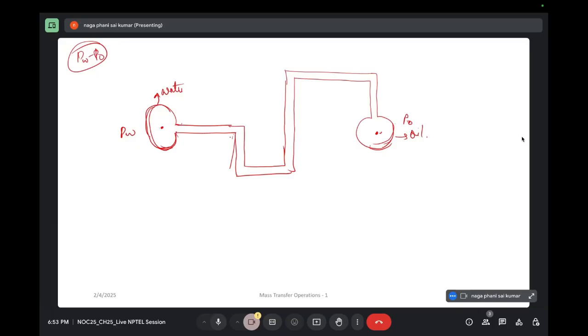So first of all, until this point it is filled with water and this part is filled with oil. Until this point is filled with oil, and again this is filled with air, and in this region it is again filled with oil.